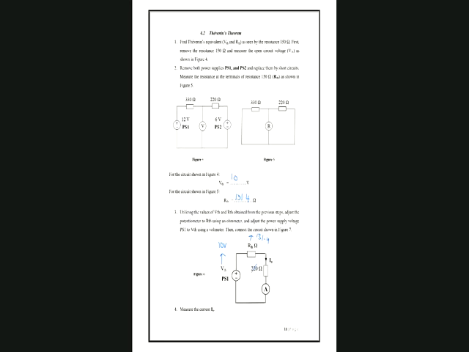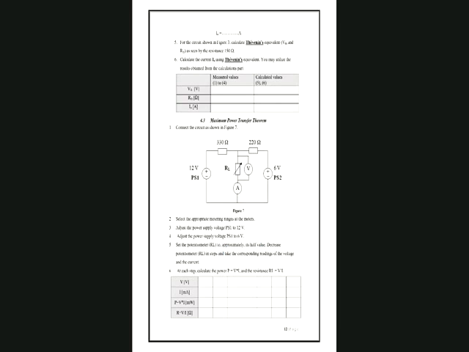We connect the other point to the ammeter positive terminal. The negative is grounded. Now we'll measure I naught. We saw that I naught we got as 35.6, which I will show you in the next slide. Here we get I naught as 35.6 milliamperes.